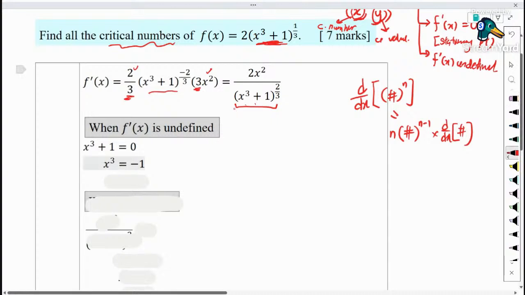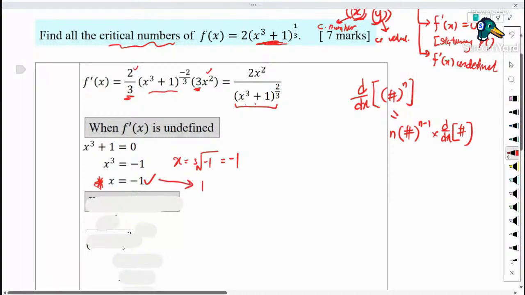Use your calculator to get the x value by having x equals the cube root of -1. You find that the answer is -1. So this is one of the critical numbers, which happens when f prime is undefined. And of course, one important thing to take note of is that this x value is undefined in f prime.